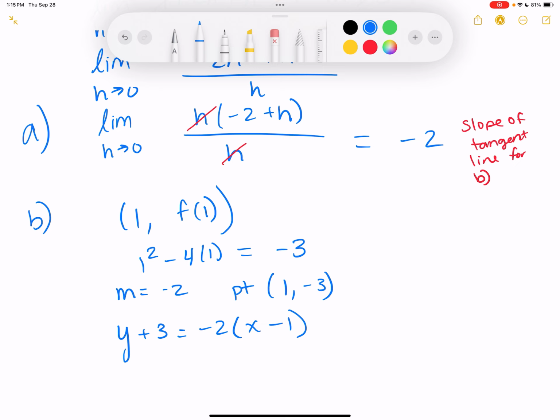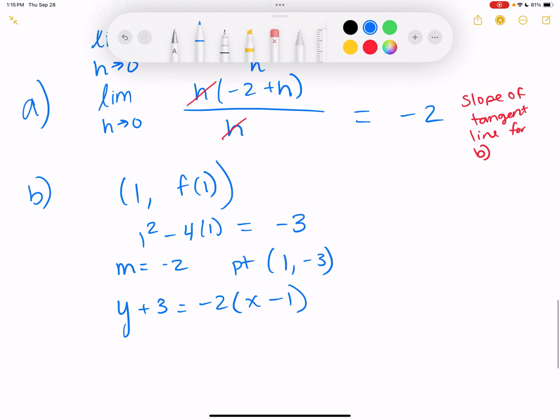All right, so they actually do go ahead and put them in y equals mx plus b, and the reason why is because I need to then, for part C, find the perpendicular to that line. So that's why they do that.